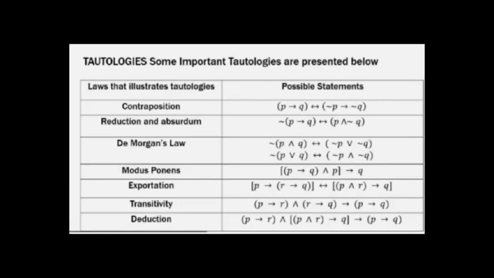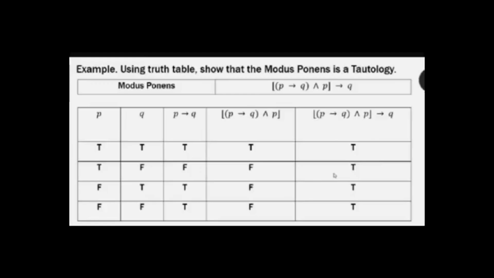We have contraposition: if P then Q if and only if the negation of Q then the negation of P, reductio ad absurdum, De Morgan's law, modus ponens, exportation, transitivity, and deduction.